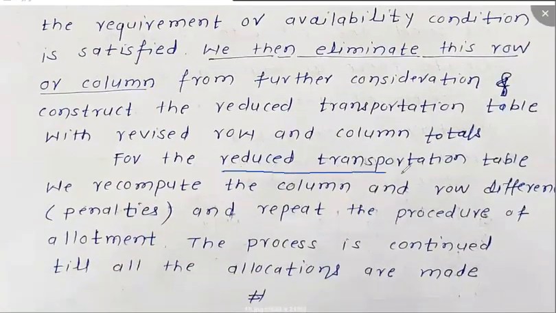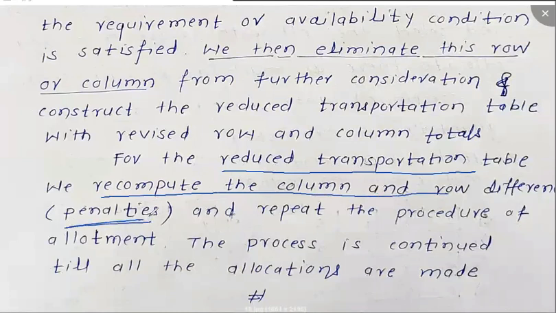For the reduced transportation table, we recompute the column and row differences. That is, we again calculate the penalties for each row and column and repeat the procedure of allotment. We select the row or column with the largest penalty, select the cell with the least cost in it, and allocate the maximum possible quantity in that cell. Then either supply is exhausted or requirement is satisfied.